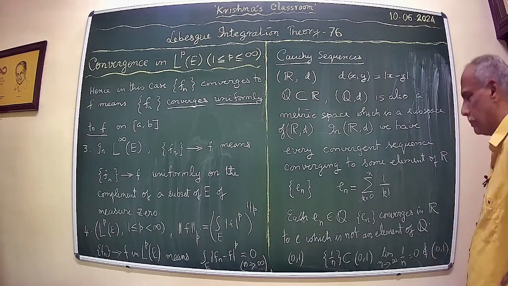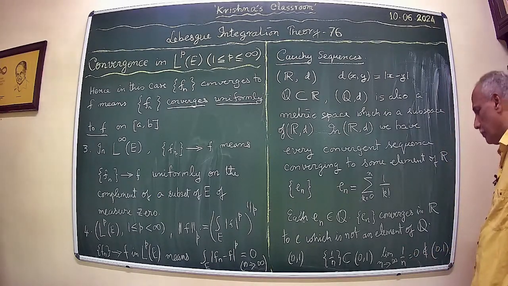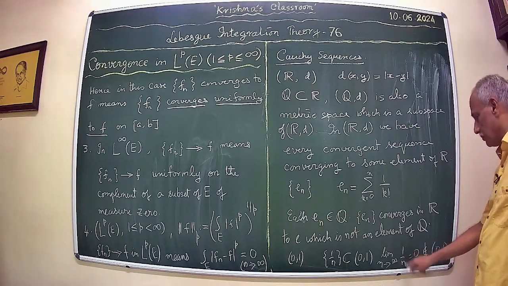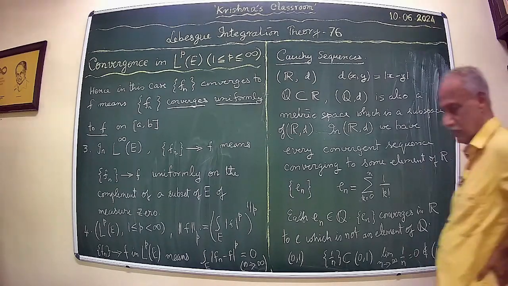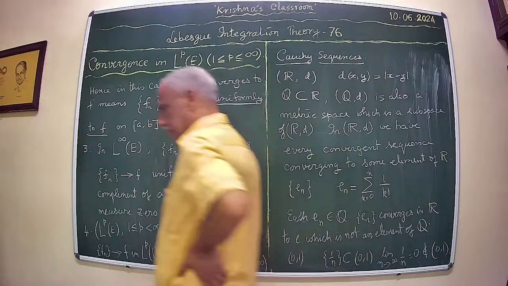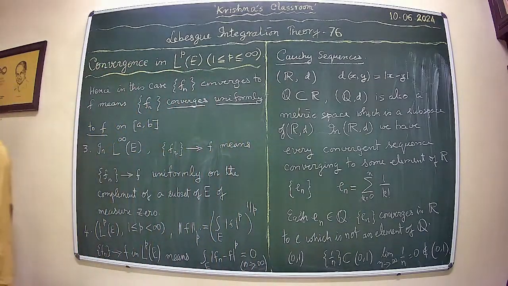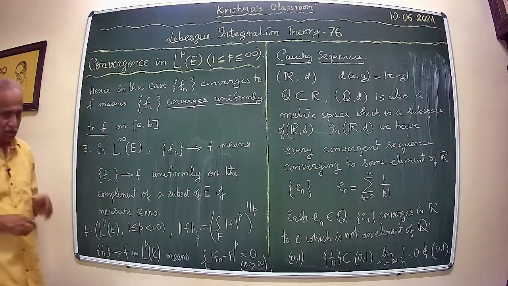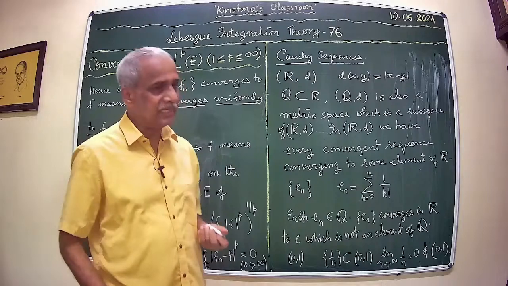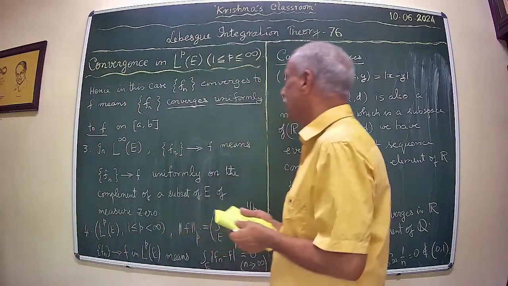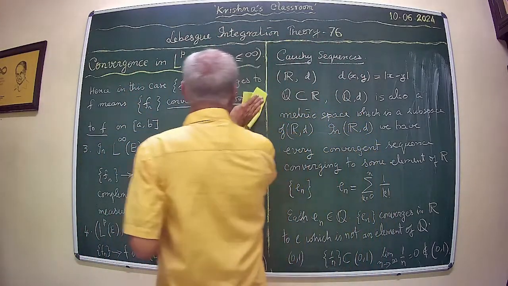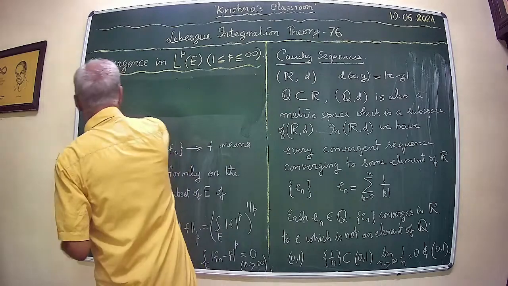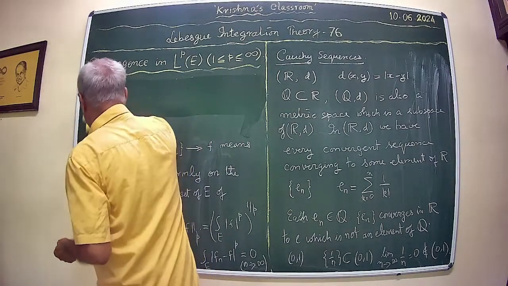That's another example. But if you look at 1 by n as a sequence in R, then it converges to an element in R itself. So what you see is that essentially it is a convergible sequence, which has the property that, what is the property of the convergible sequence?